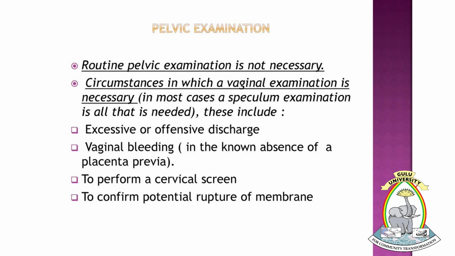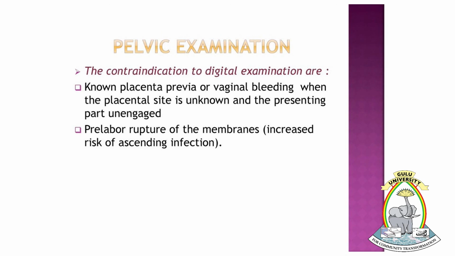If someone has vaginal bleeding, after excluding a previa, that's when you can consider doing this. If you want to screen the cervix, confirm if the membrane has ruptured, or if someone has pain in the pelvis, it should be good to consider doing that.